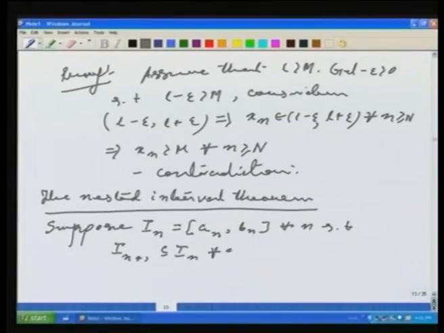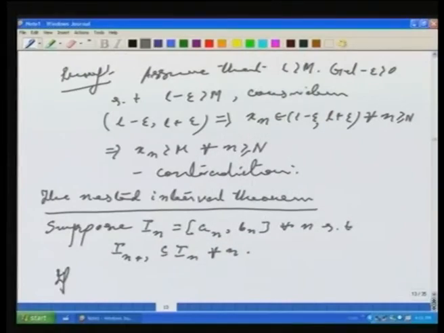Okay. Also assume that the closed intervals a n, b n are getting smaller and smaller. That means the intervals are actually squeezing, that means their lengths are going to 0. So, that is the next statement. If b n minus a n, notice that this is nothing but the length of the interval I n, goes to 0 as n goes to infinity, then what happens to the total intersection of the I n's?